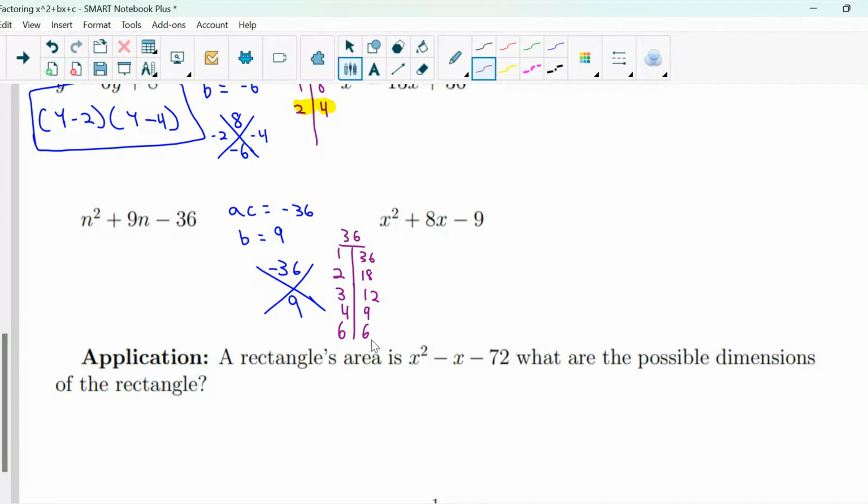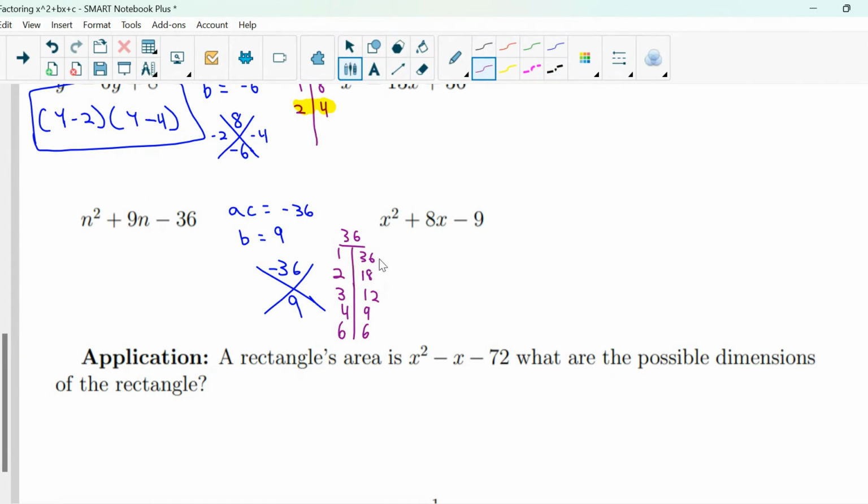So now we need to ask ourselves, what are two of these factors that are going to multiply to -36 and are going to add to +9? Well, obviously we know that one of them has to be negative. So let's start thinking about maybe our smaller number being negative, since our addition has to be positive.